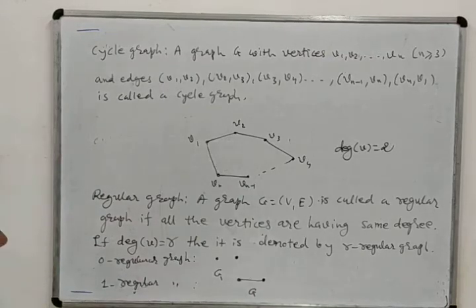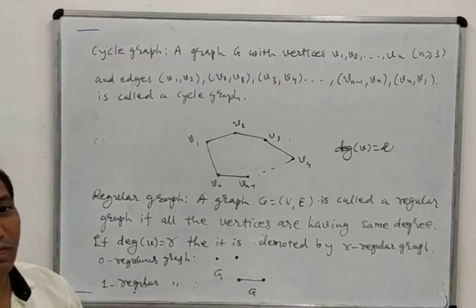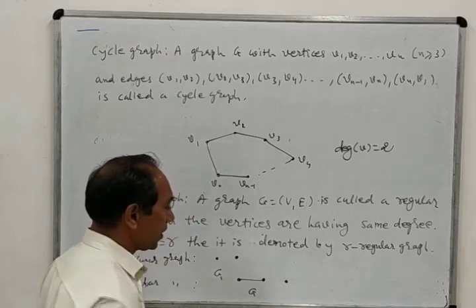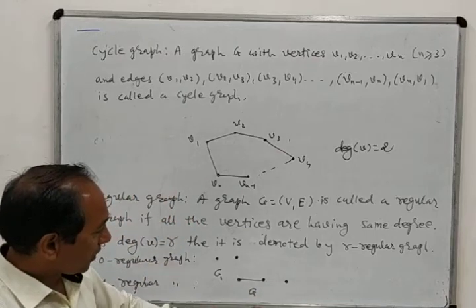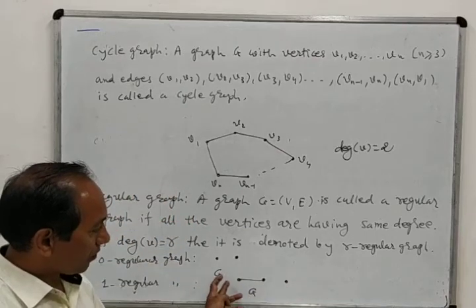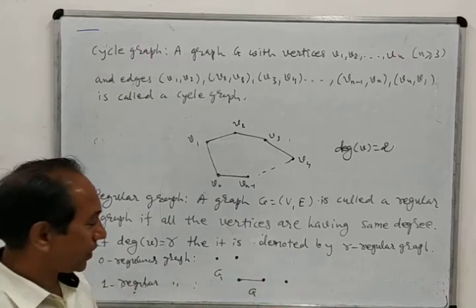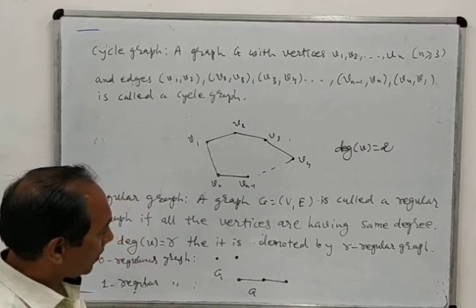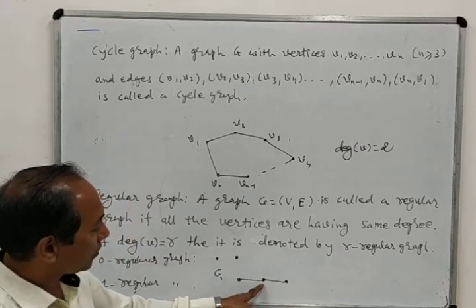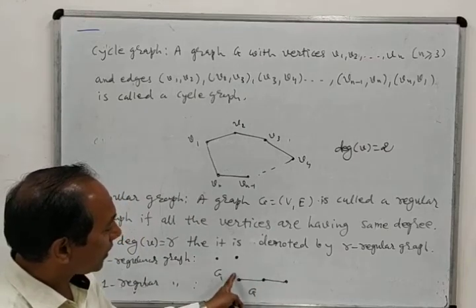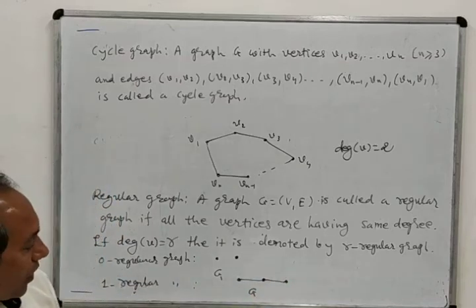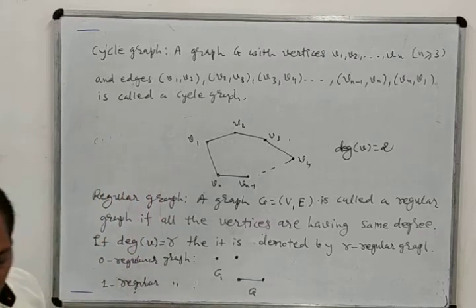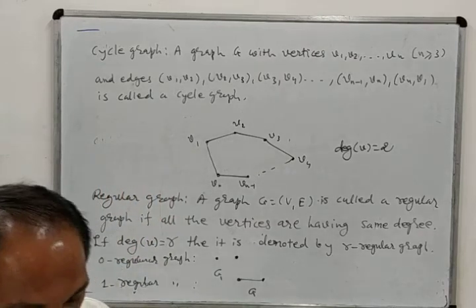And you must note here that in a 1 regular graph there are always 2 vertices. Because if we consider 3 vertices and keep them as they are, then one vertex has degree 0, so the degree of each of the vertices is not the same. And if we connect it by an edge, then this vertex has degree 2 and these two have degree 1. So it is not a regular graph. So we cannot consider more than 2 vertices in a 1 regular graph.